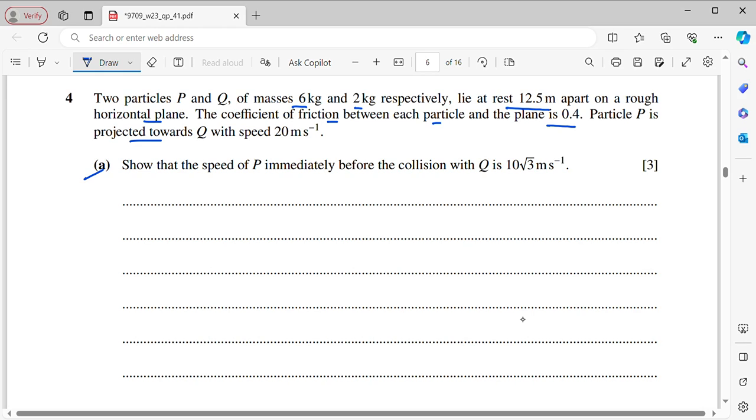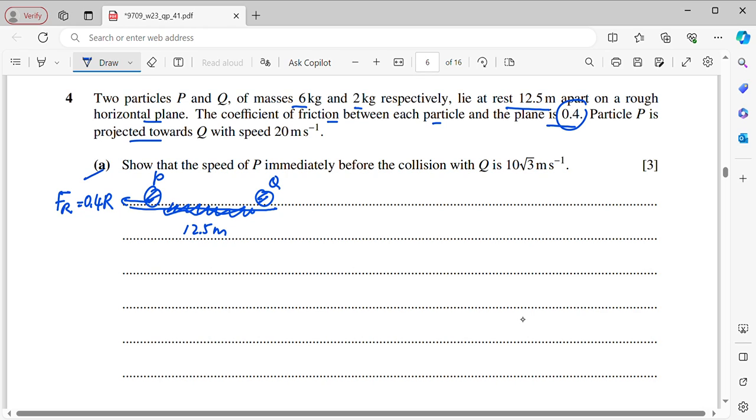So that means this is your P, here is your Q, right? So the distance is 12.5 meters. Now this is a plane, and this is a rough plane. So from here, I will get the frictional force 0.4 R, because our frictional force is mu R. The mu is 0.4.